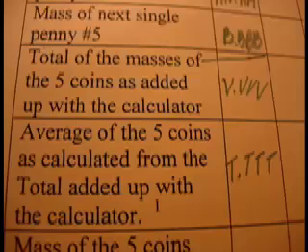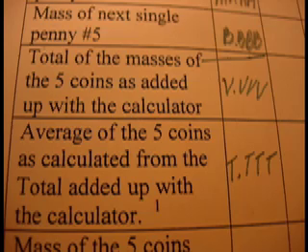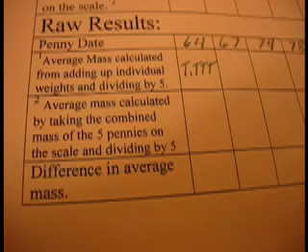We take our total and divide it by 5 for the 5 pennies, which equals the average of the 5 coins, and that number will be to 3 decimal places. This first average has to be put down as part of our raw results. Move that same number down to the bottom for the number 1 value.